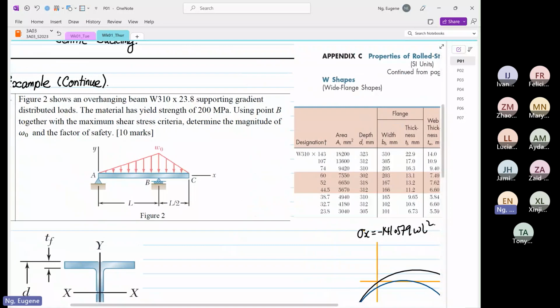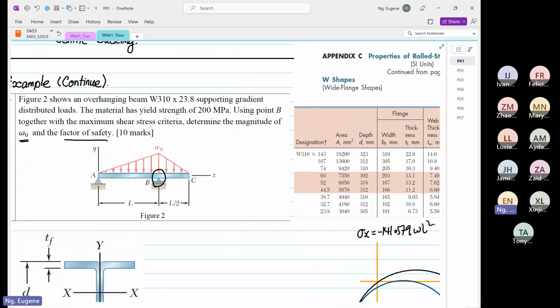The question specified that we are going to calculate the factor of safety at point B. If you look at the lecture on Tuesday, a question like this requires a lot of layers of knowledge, like how the yield strength is determined and how we are going to calculate the factor of safety. Ultimately, for this question, it is to determine omega naught and the factor of safety.